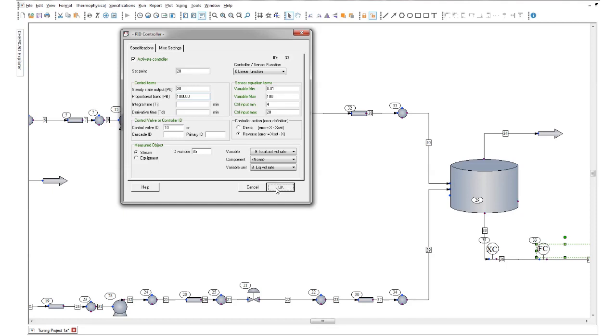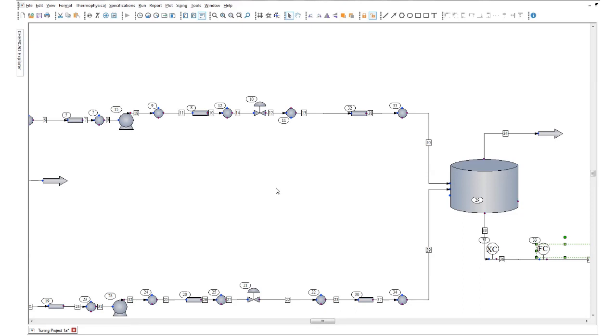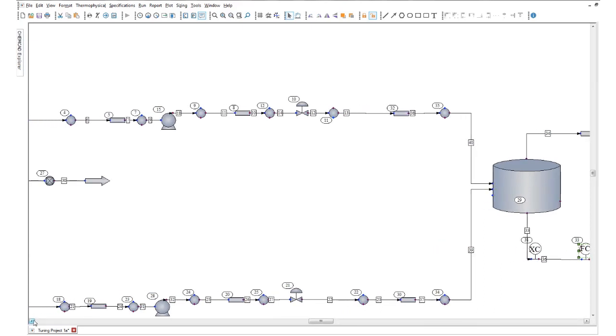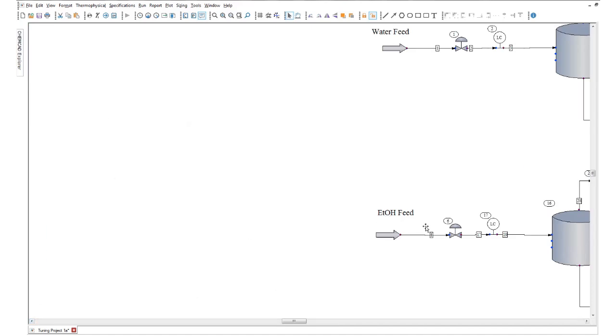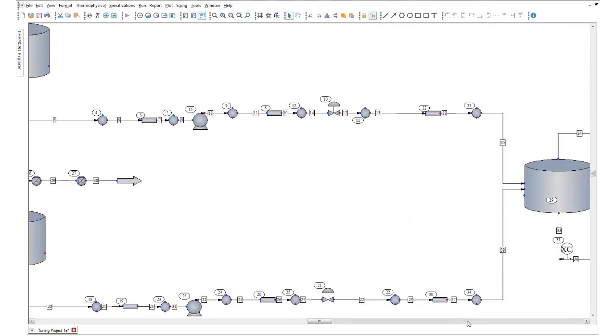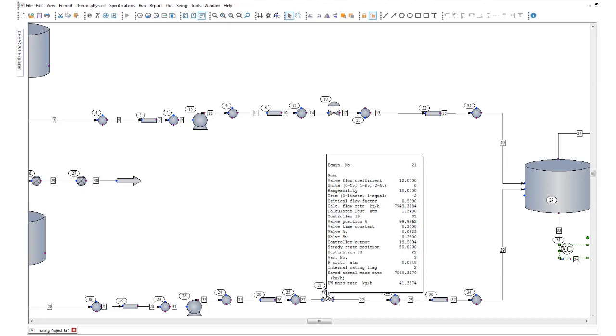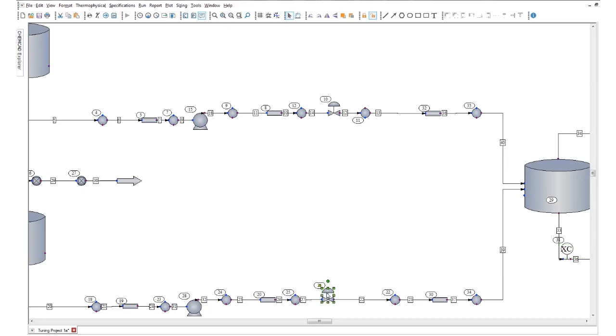So what you're going to do, and this will complete your studies for process control, is you're going to first tune the ethanol feed valve using the level controller. Then we're going to control the mass fraction of ethanol using that mass fraction controller and the ethanol feed valve.